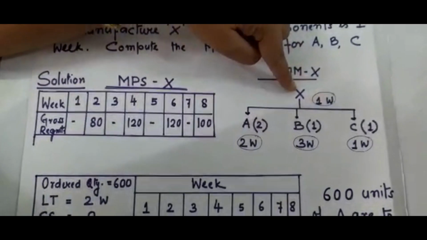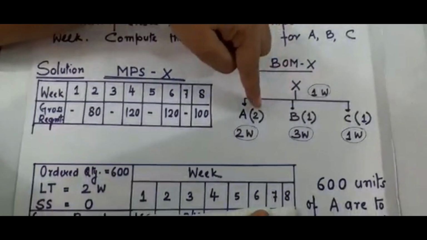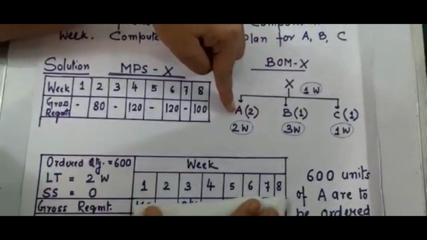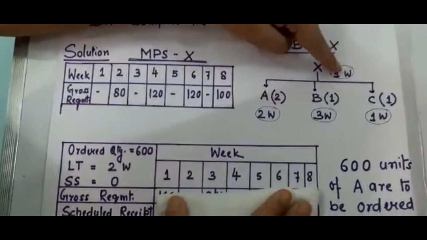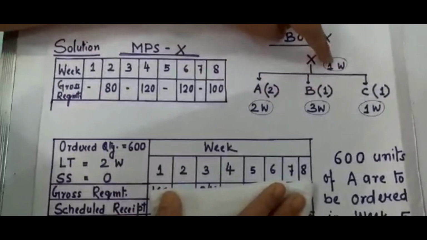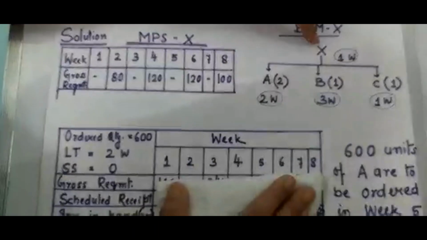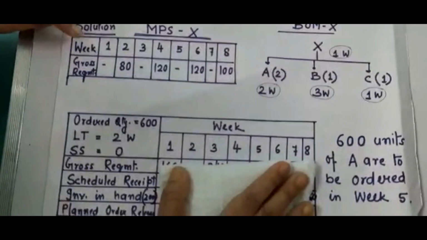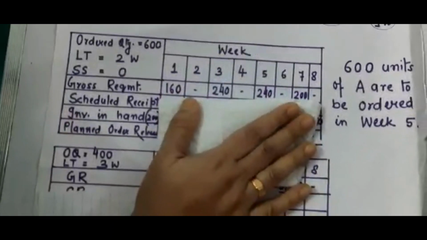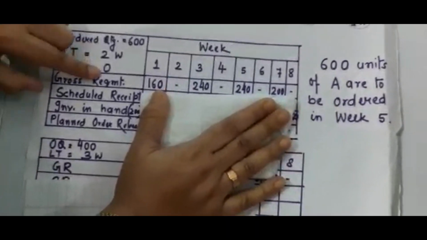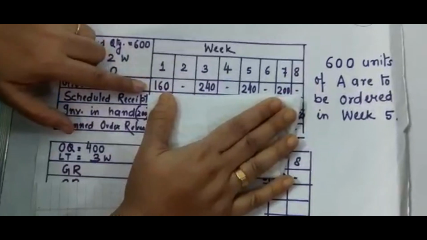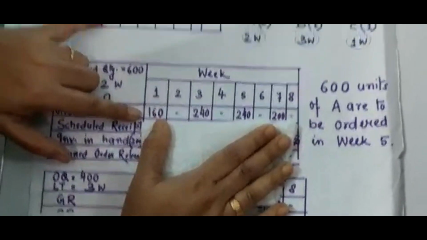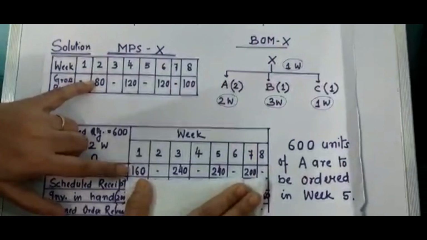So for making 80 units of X, I will be needing 160 units of A, and that I will be needing 1 week before, because 1 week is the lead time of manufacturing X from the 3 components. I hope this is clear. So that's what we have done, and we have written this. Just see, the gross requirement is 160 to make 80 units of X, and that is required in the 1st week.